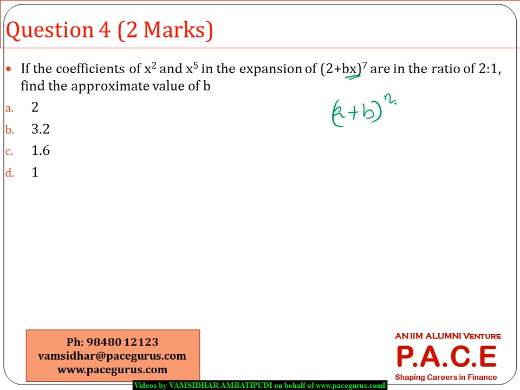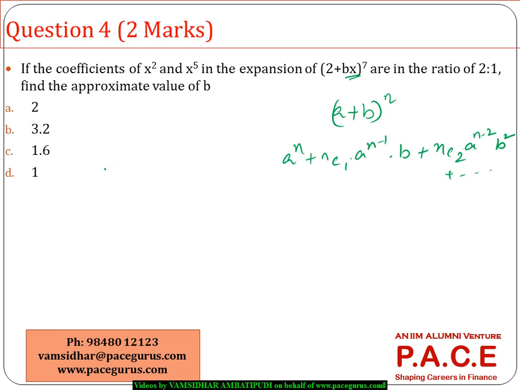If I want to expand, it is nothing but a power n plus nc1 a power n minus 1 into b, nc2 a power n minus 2 into b square. It actually goes something like this, a typical binomial theorem based expansion.